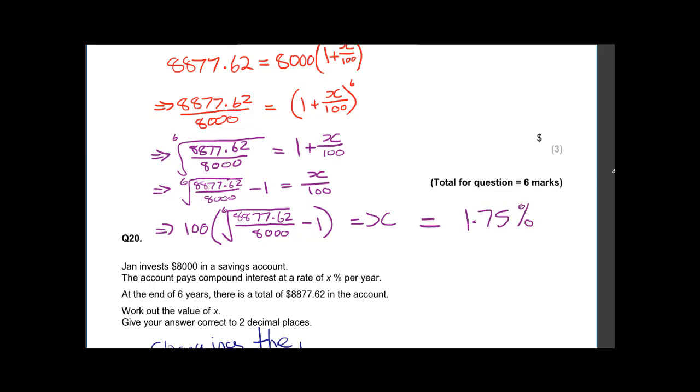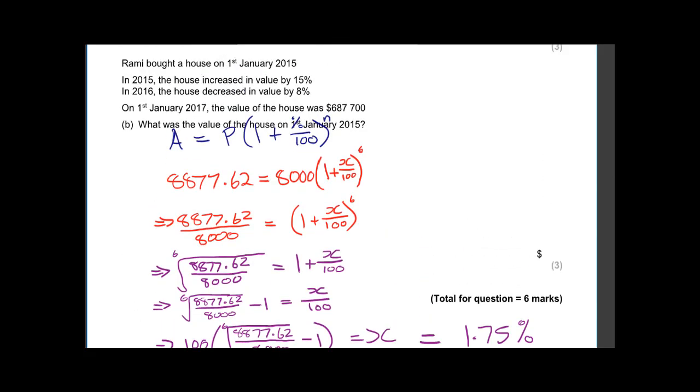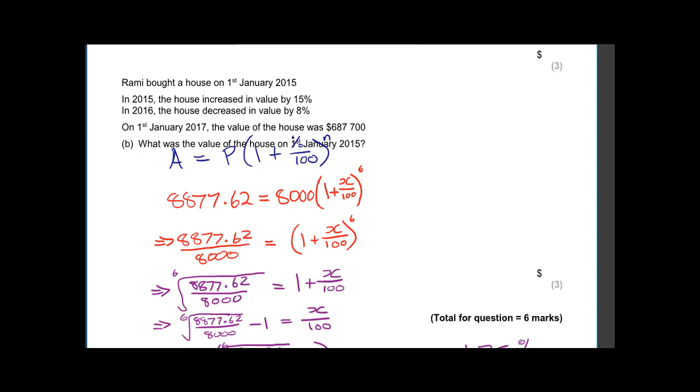That is it. So it's literally changing the subject and then using your calculator. If you can change the subject and use your calculator, you'll get it.